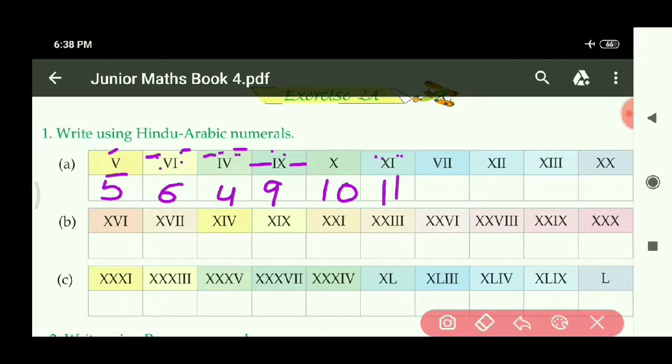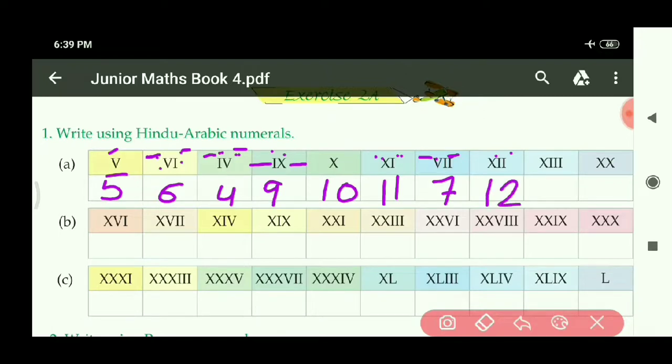Here V is 5 and I is 1, plus 1, 2. Here addition is going on. Why? Because V is the larger numeral and I is the smaller numeral. So here also we add according to the rule as I told you. So 5 plus 1 plus 1 will be 7. Here also 10 plus 2, 12.